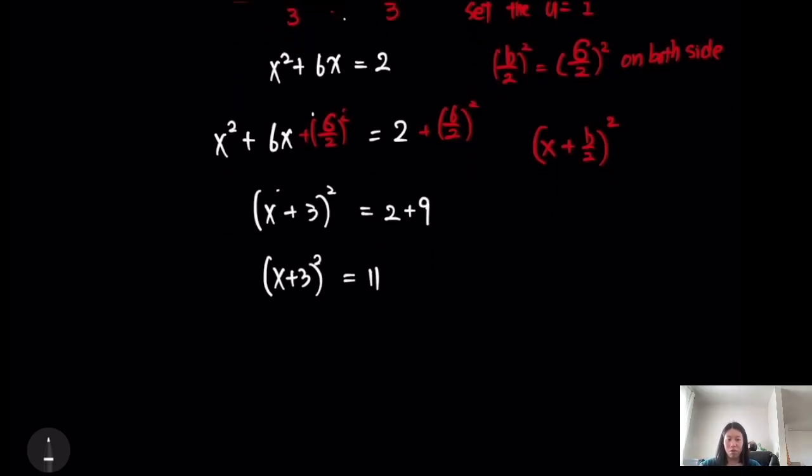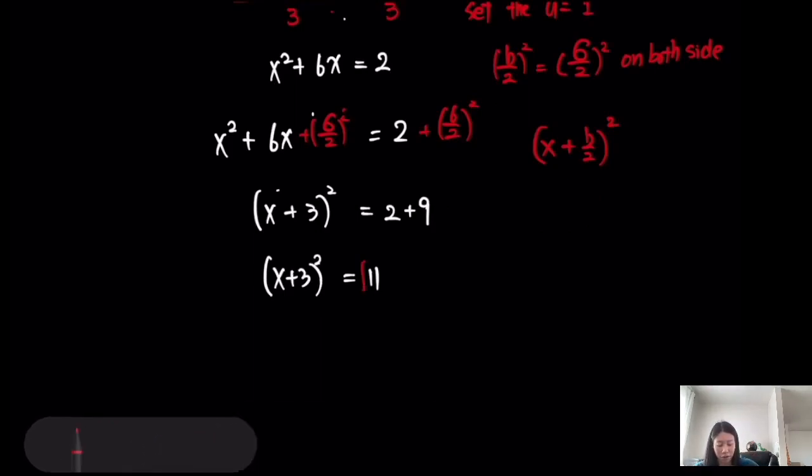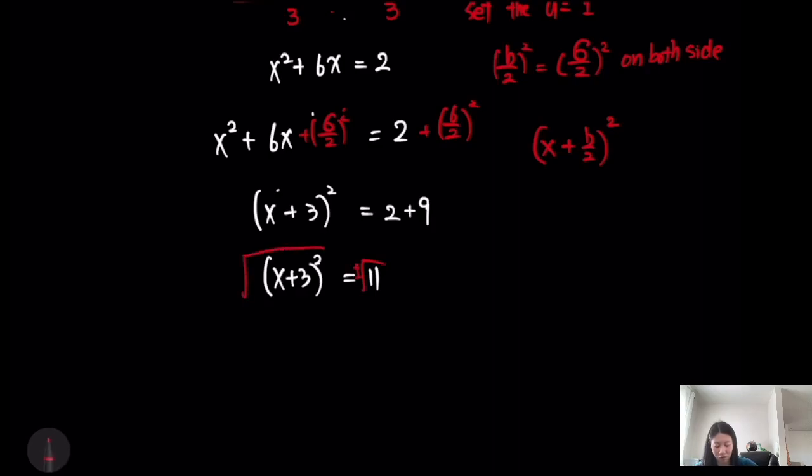Solving it, remember that when you're solving it, you need to take the even root property, so I will have positive and negative solutions. So x plus 3 equals positive and negative square root of 11. So x is equal to negative 3 plus or minus square root of 11.